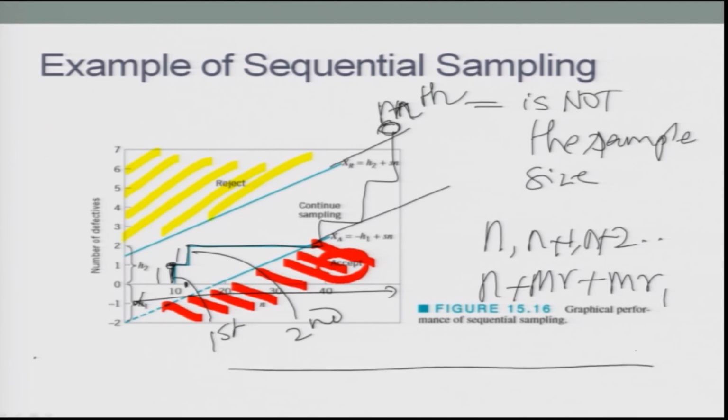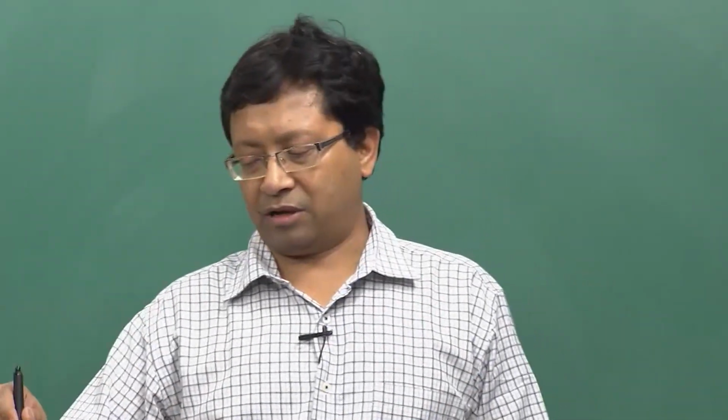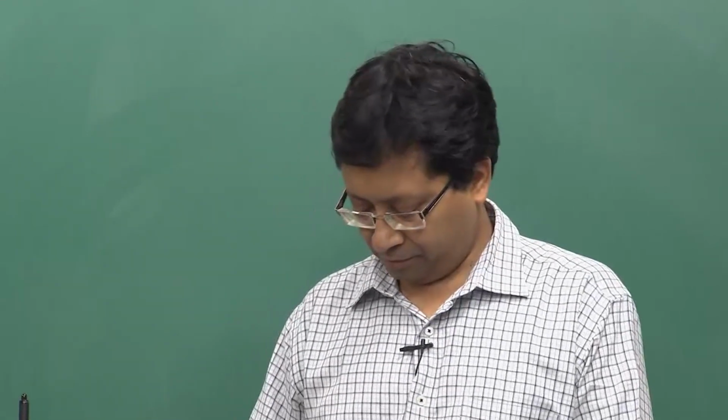If I draw a straight line, so basically I make a jump of n observations, then basically I start making the jumps accordingly, where the number of observations are basically where the highlighting points are in black color. So you continue doing this and you accept and reject. So this is an intuitive feel which I am trying to give for the sequential sampling plan.